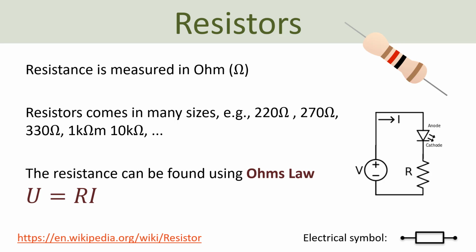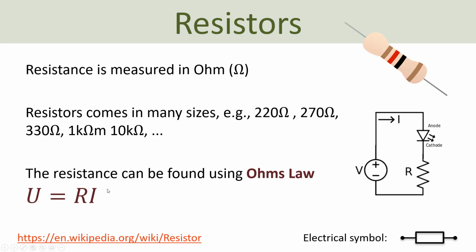In most circuits you need to use some resistors. The most used resistor in this tutorial is this 270 ohm resistor, which we will use in order to limit the current flowing in the circuit when using a LED.